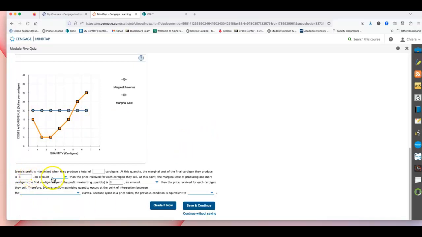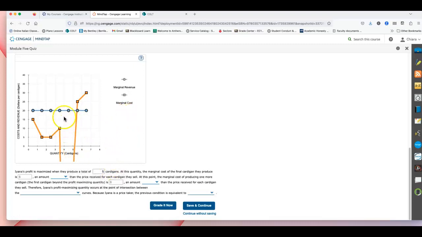So Ivana's profit is maximized when they produce a total of 5 cardigans, because at this quantity, the marginal cost of the final cardigan they produce is going to be $15. So we're going to look at that point that says going from 4 to 5, the marginal cost was 15, right?